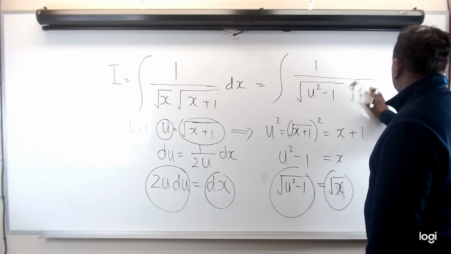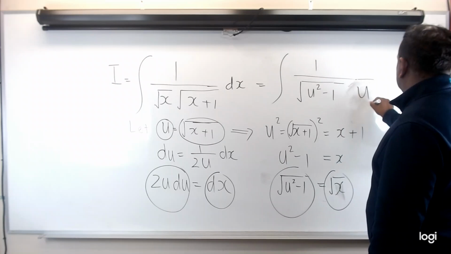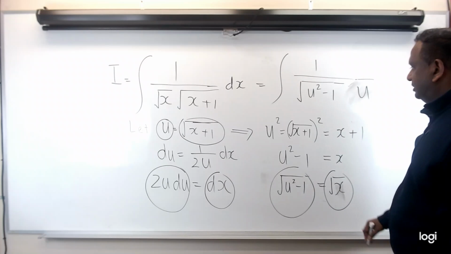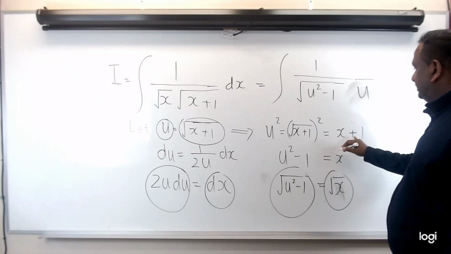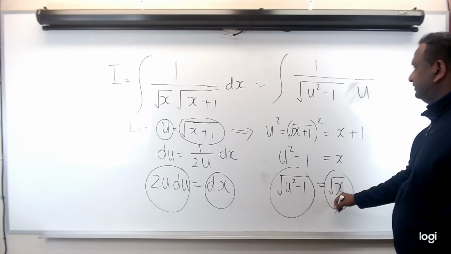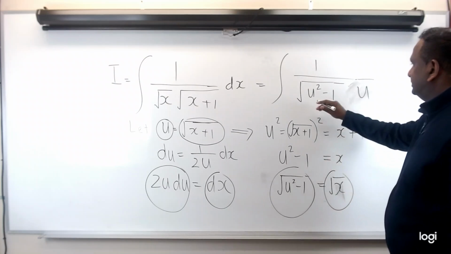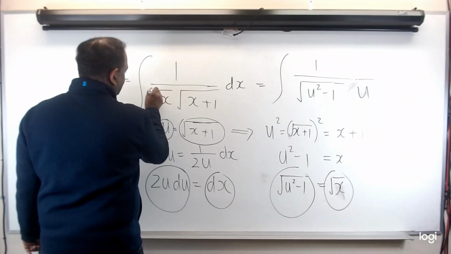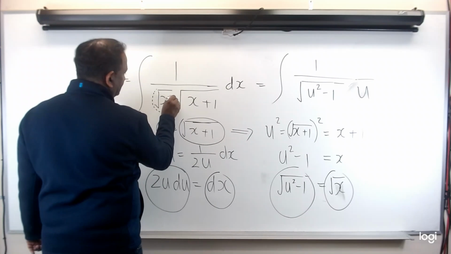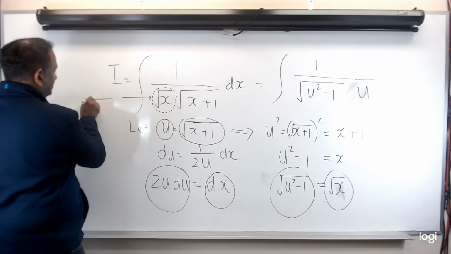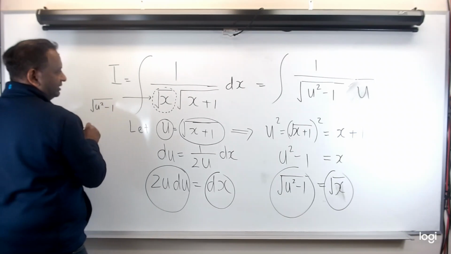In order to get the root x, I squared this one, moved the 1 to the other side, and then replaced root x with this part, the square root of u squared minus 1.